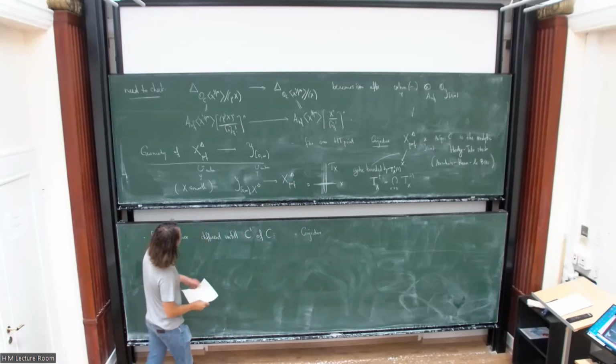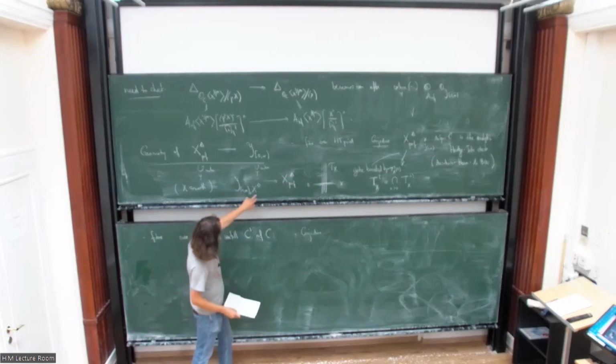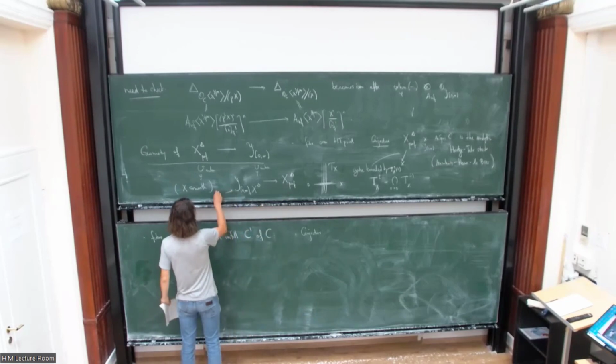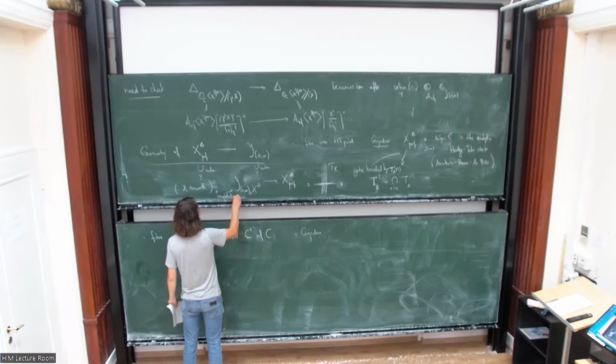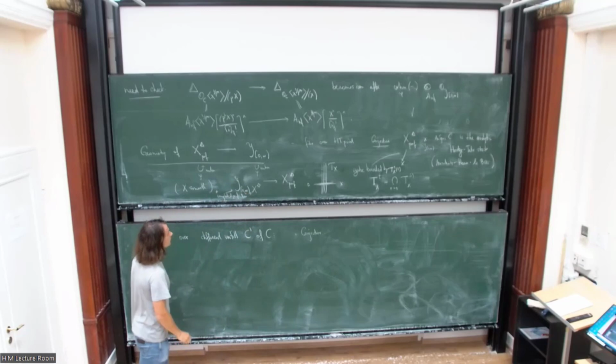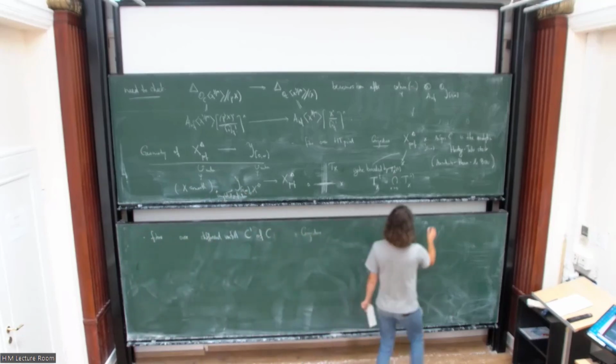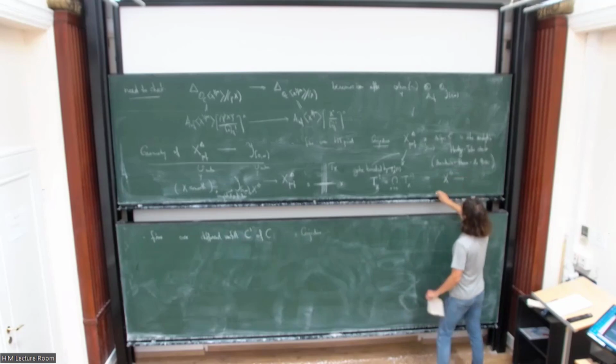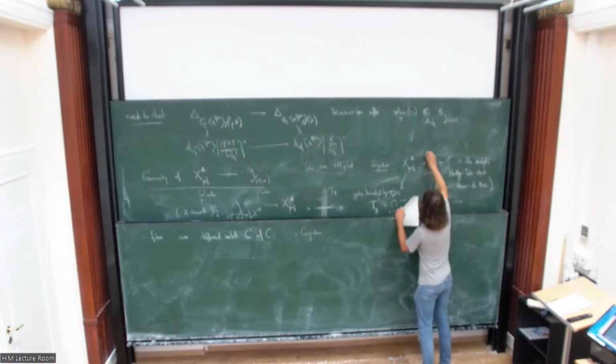In some sense, this here is the completed perfection, this is the uncompleted perfection. They're supposed to be very close. And in particular, there's a map from X diamond to X prismatization.